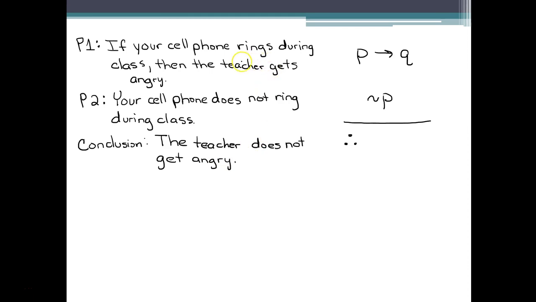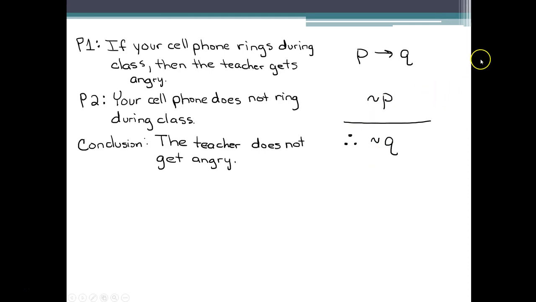Okay, remember the teacher gets angry was our Q up here. So the teacher does not get angry is not Q. Alright, so we have if P then Q for premise 1, not P for premise 2, not Q for the conclusion.